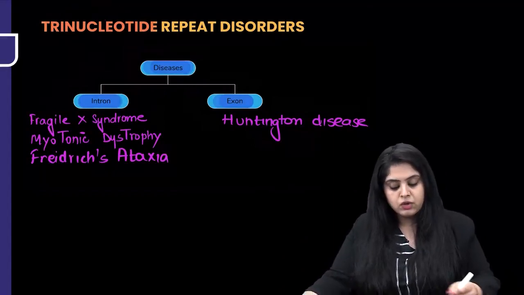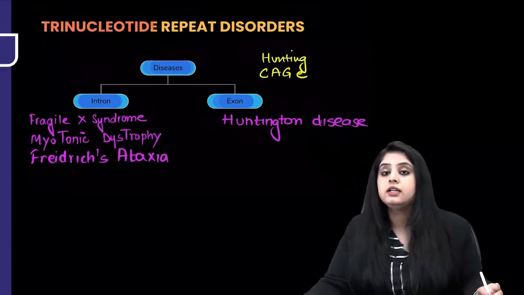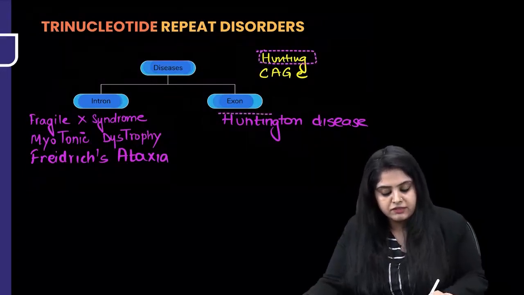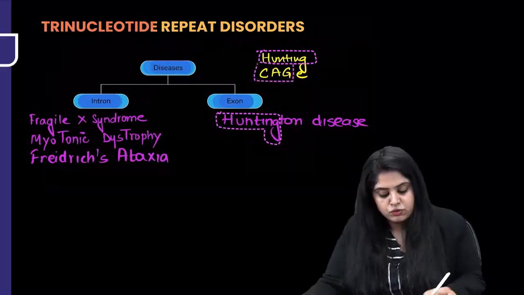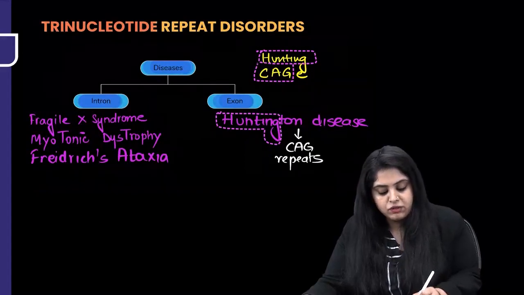Of these, I will first tell you a mnemonic called hunting in a CAG. What is hunting in a CAG? That will remind you that when you're talking about Huntington disease, the repeats it shows are CAG repeats. And are these in the exon or the intron?